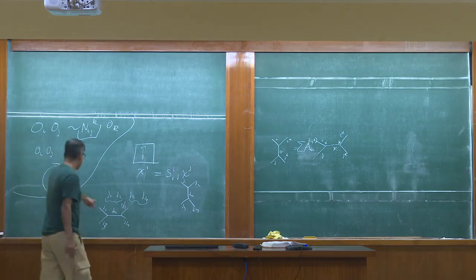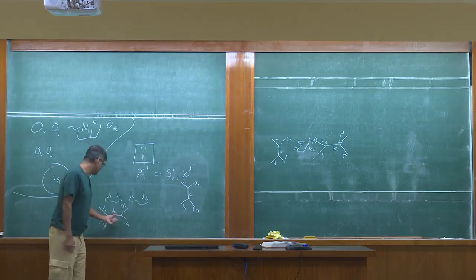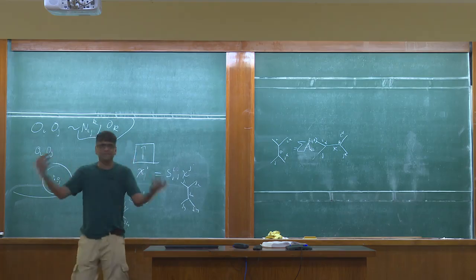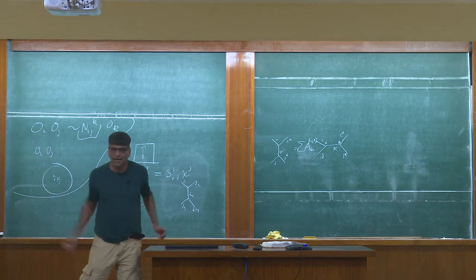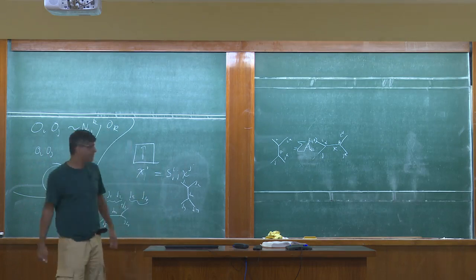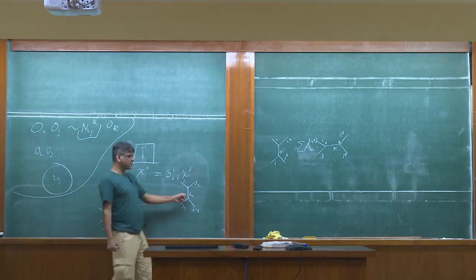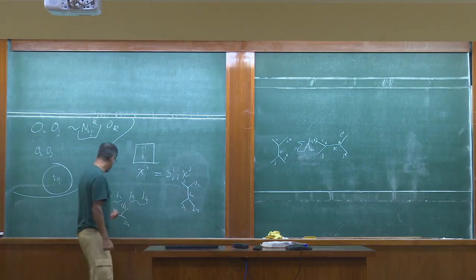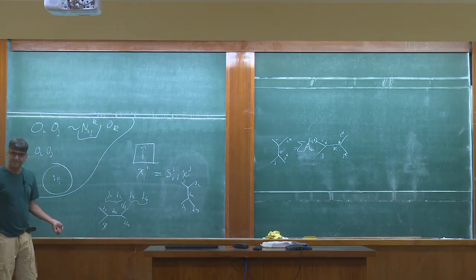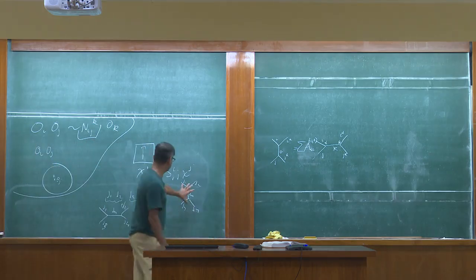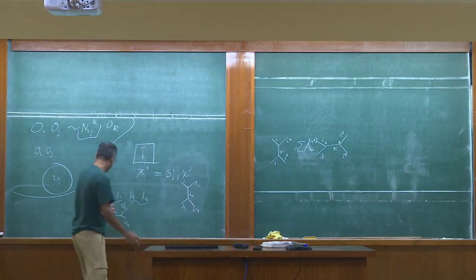You do Clebsch-Gordan decomposition of these two, you get some spin-m particle. Clebsch-Gordan of these two, you get a spin-m particle, fuse the spins. That gives you an invariant of SU(2). Now, this is one natural basis for invariants. This is another natural basis for invariants. Any invariant can be written as a linear combination of these or as a linear combination of these.